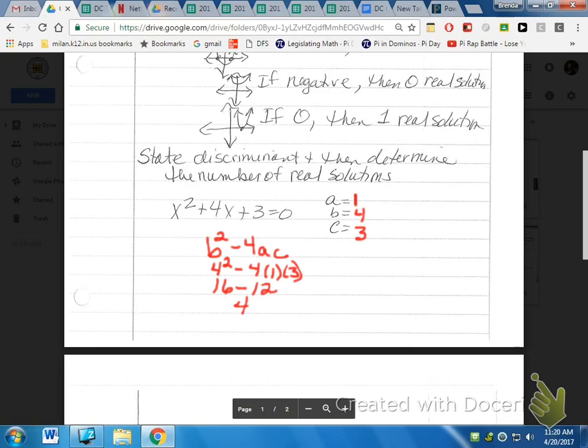The answer is 4. So it came out positive. So I would say 2 real solutions. Now we haven't solved it. We're just saying that when you do solve it, there's going to be 2 answers.